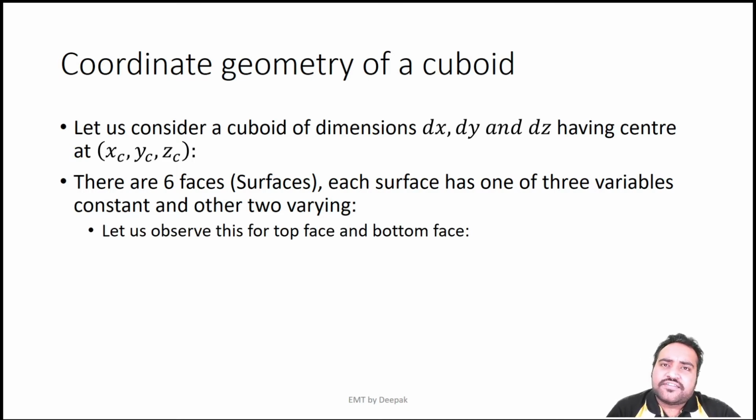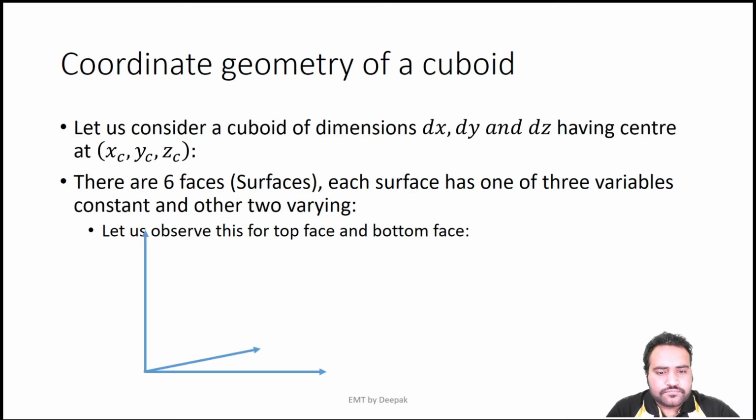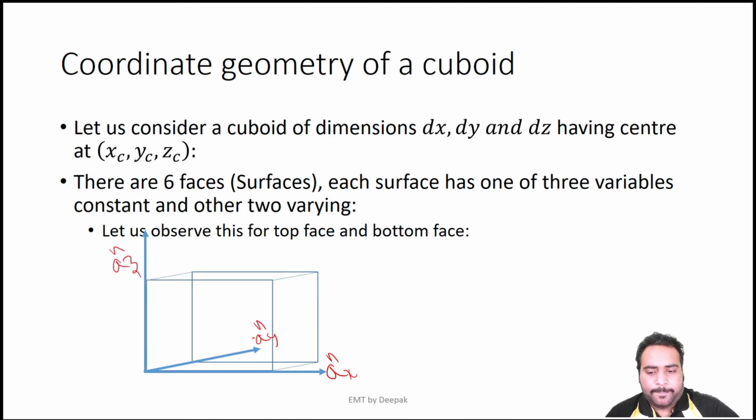Let us observe this for a top face and a bottom face. Now, this is the shape of the coordinate geometry, right? The Cartesian coordinate system. This is ax cap, this is ay cap, and this is az cap. This is the cuboid which we have considered, our standard cuboid, where the center value is xc, yc, and zc.